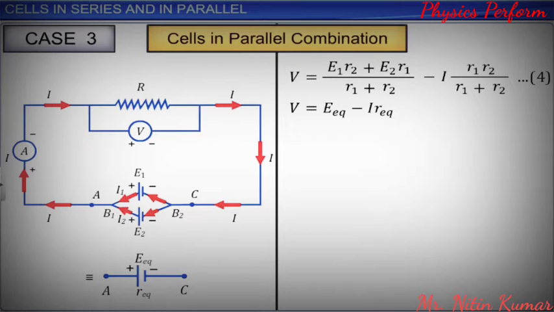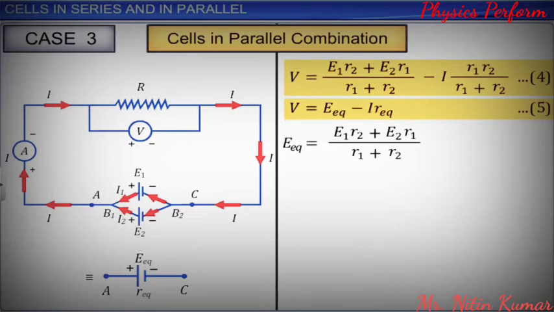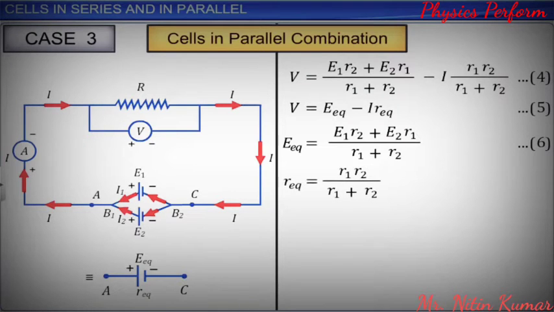From equations 4 and 5, we can write EEQ equal to E1R2 plus E2R1 divided by R1 plus R2. Let this be equation 6. Req is equal to R1R2 divided by R1 plus R2. Let this be equation 7.